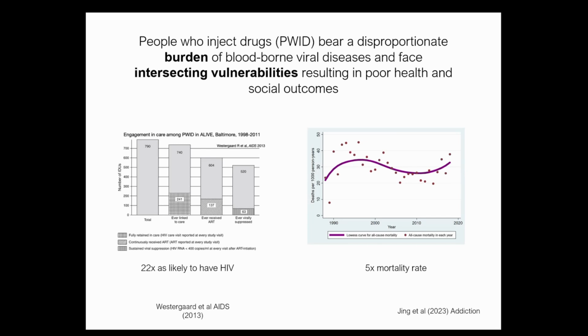This estimate of 5 times mortality is also not necessarily completely up to date with the fentanyl crisis, but you can see that it's a very stigmatized, very disadvantaged population that has a lot of intersecting vulnerabilities that predispose them to poor health outcomes.